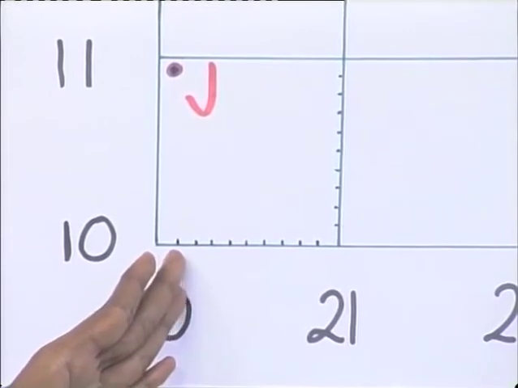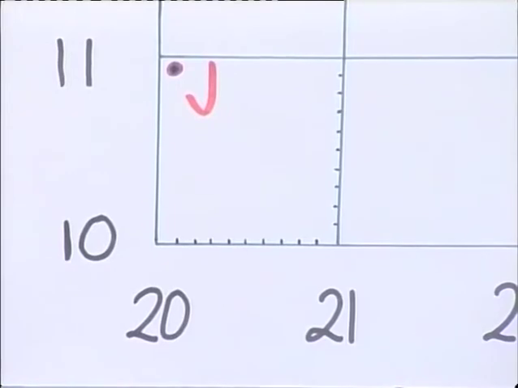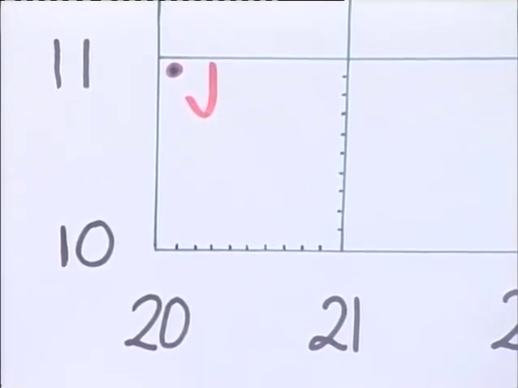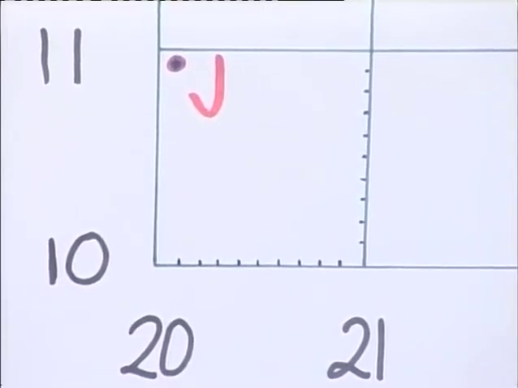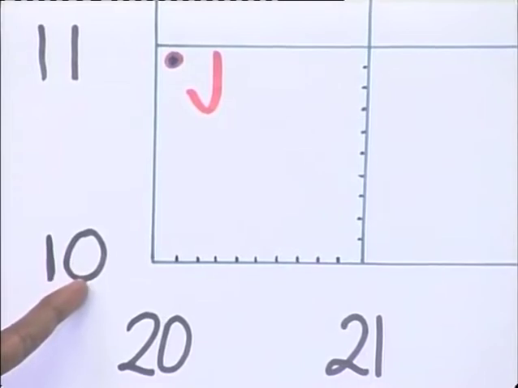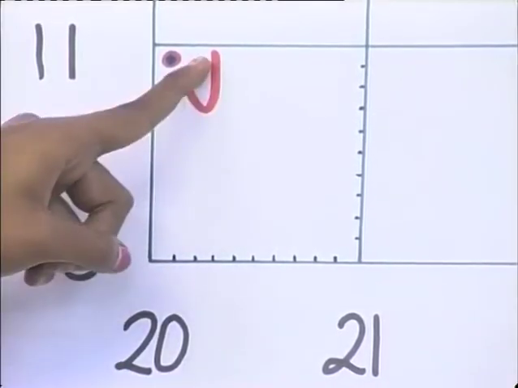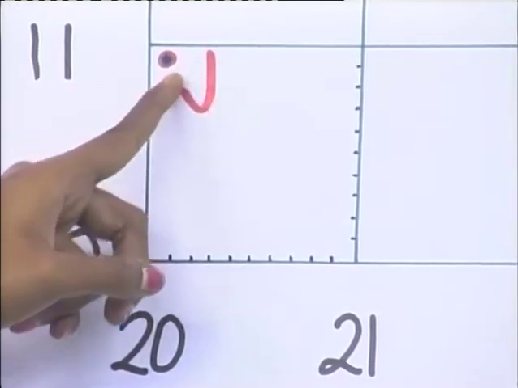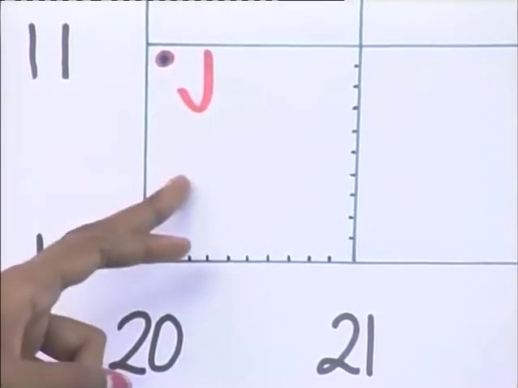It's 1 tenth. So instead of writing 10 over 1 tenth, you write 10 1. So that's the easting for this. Firstly, you have your easting, the number 10, and then you estimate how many tenths. It's 1 tenth, so it's 10 1.